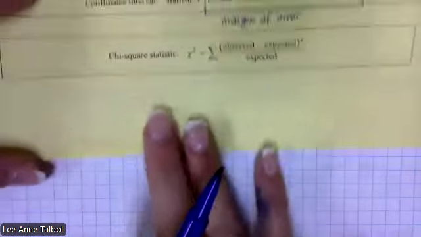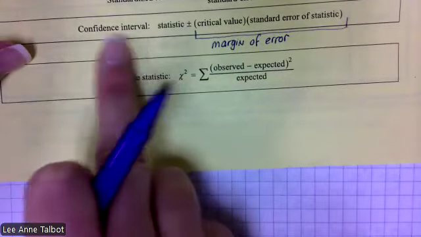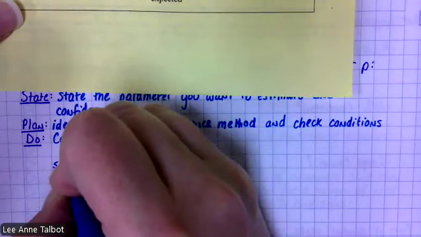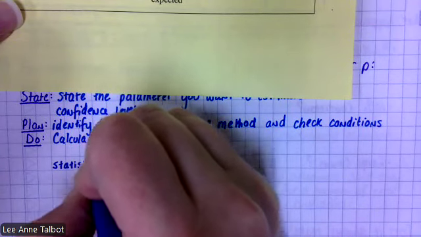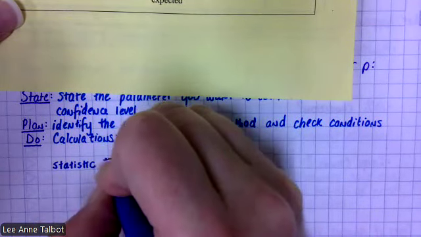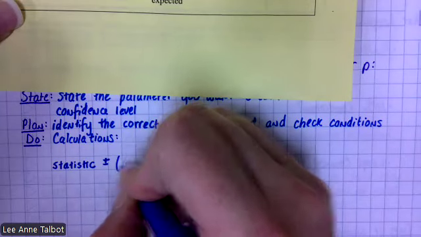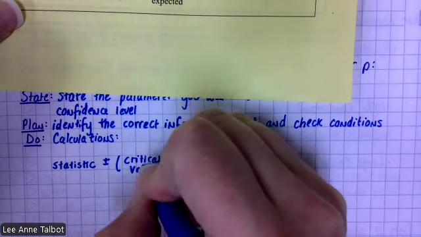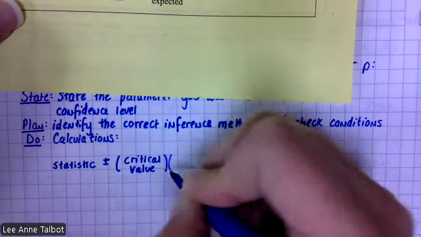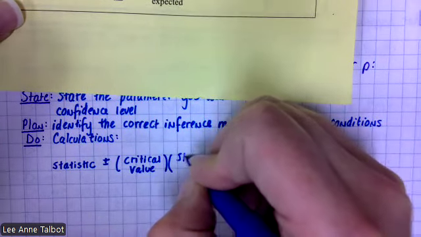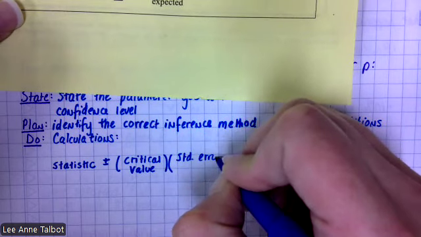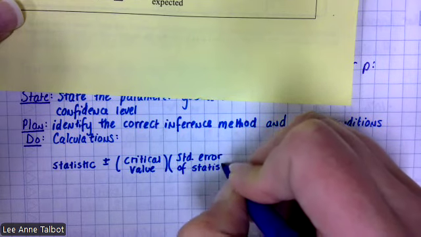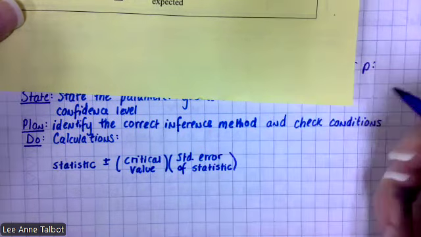Okay, so we're talking about confidence intervals. We want to look at this thing that says confidence interval, and you want statistic plus or minus critical value times standard error of statistic.